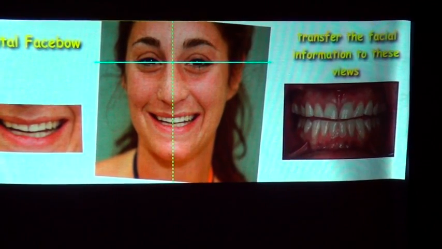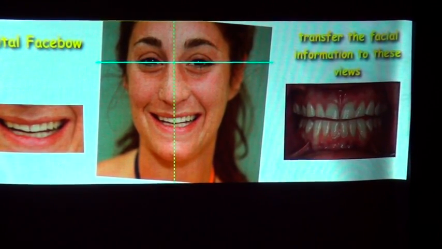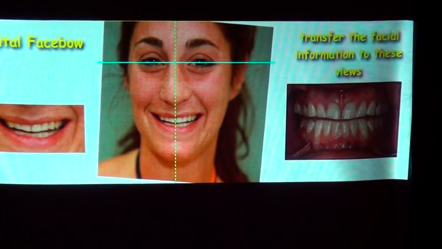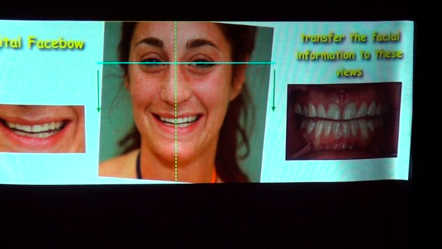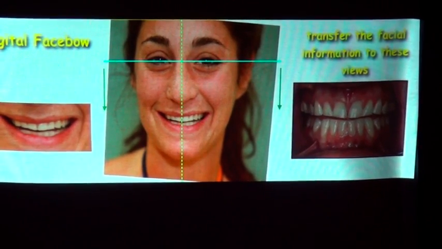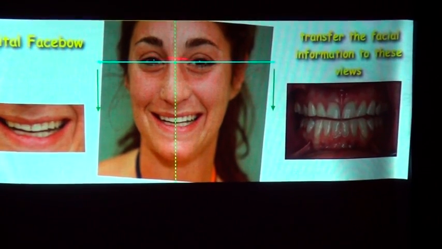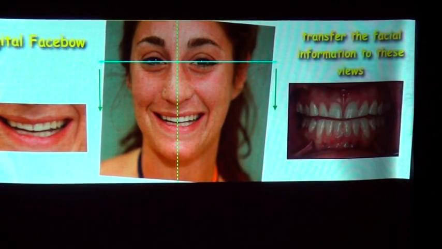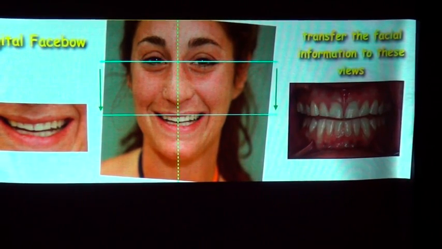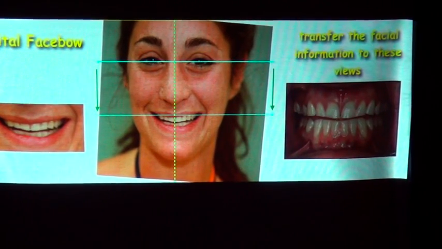When you zoom into the intraoral views, we're transferring the facial information to these views. By taking the vertical and the horizontal reference plane, we're transferring it down to the intraoral view or the smile view.